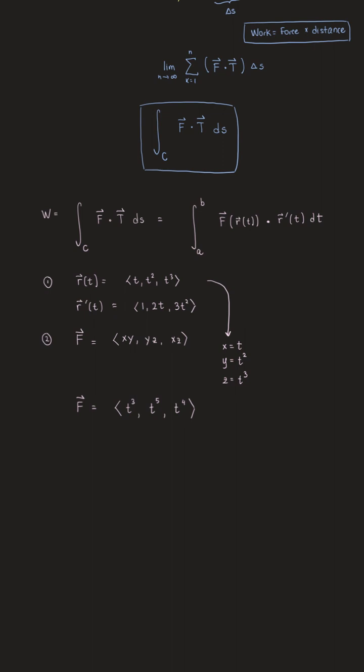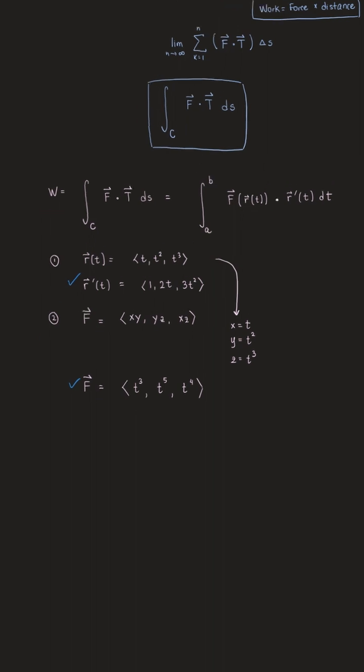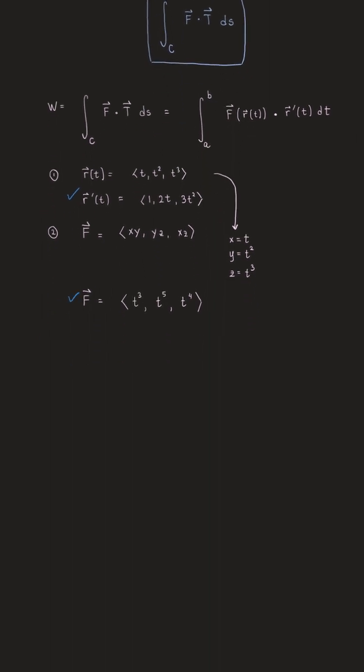We have r prime of t, and what we need with those two vectors is their dot product. So our third step is to find the dot product of F and r prime of t, and then we will be able to evaluate the integral of a scalar function in terms of t.